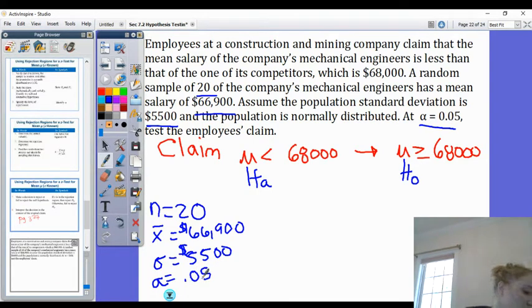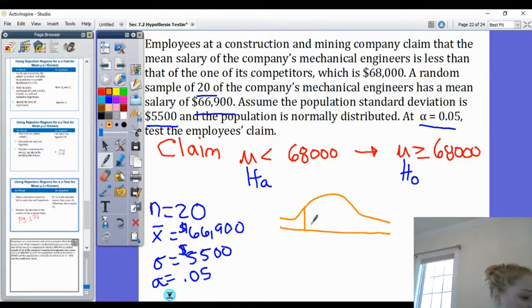So we know that we need to find the z-score. But before I do that, I know that this is a left-tailed test. And how do I know that this is a left-tailed test? Because this is greater than or equal to. Okay.